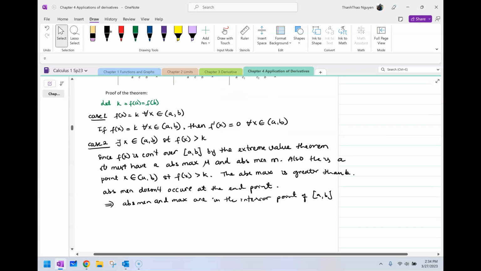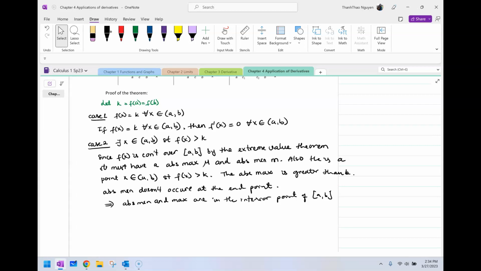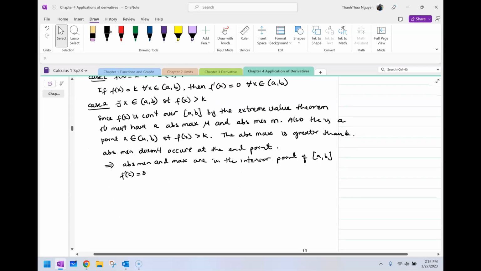Because f has the maximum at the interior point c and f is differentiable at c, this means that f prime of c is equal to 0. Okay, and here we have case number 3.